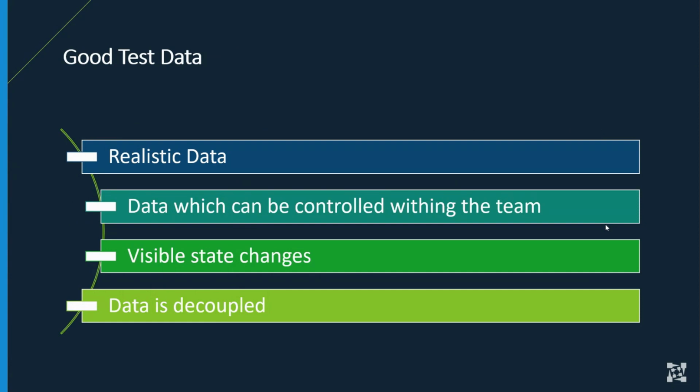So what actually makes good test data, right? Number one, good test data is realistic. Unrealistic data can absolutely hamper the confidence of your tests, right? And confidence is probably one of the most important things in testing and software development.